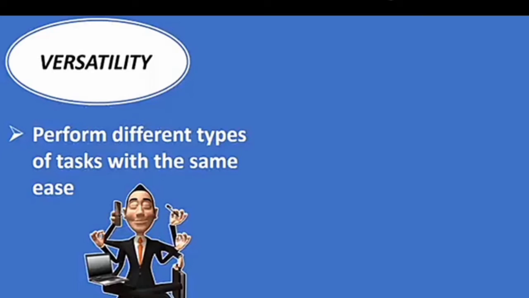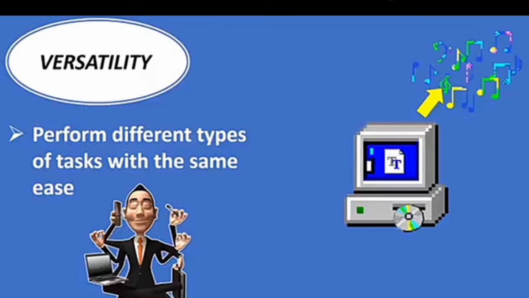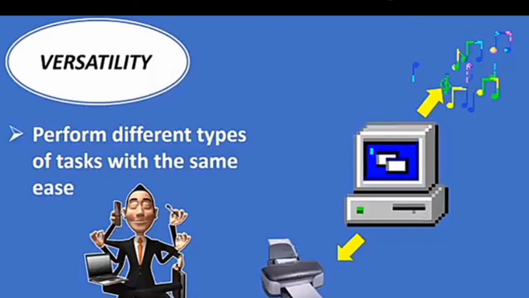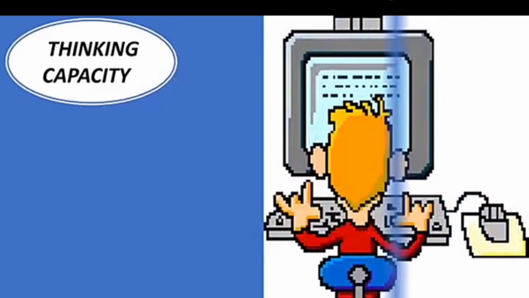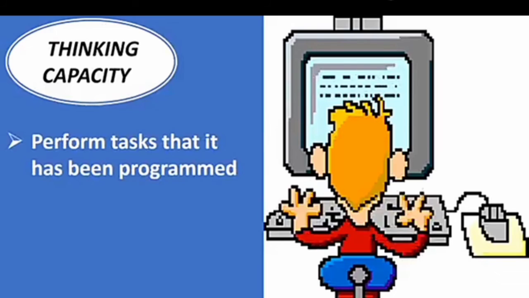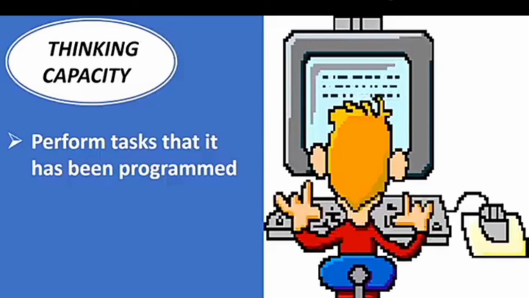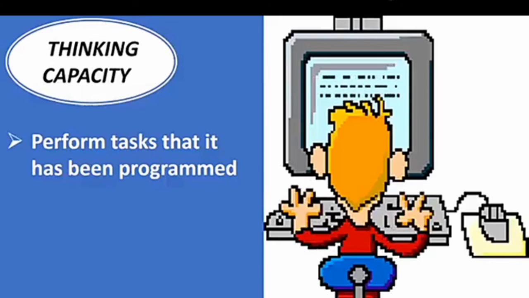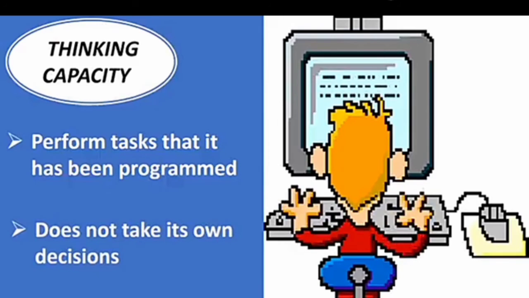At one moment, you can use the computer to play music, and in the next moment, you may print a document. Thinking capacity. Computer can only perform tasks that it has been programmed to do. Computer cannot do any work without instructions from the user. It executes instructions as specified by the user and does not take its own decisions.